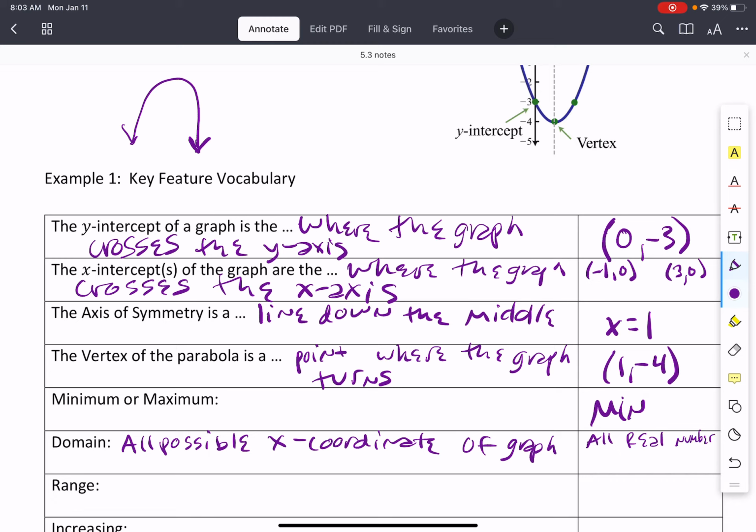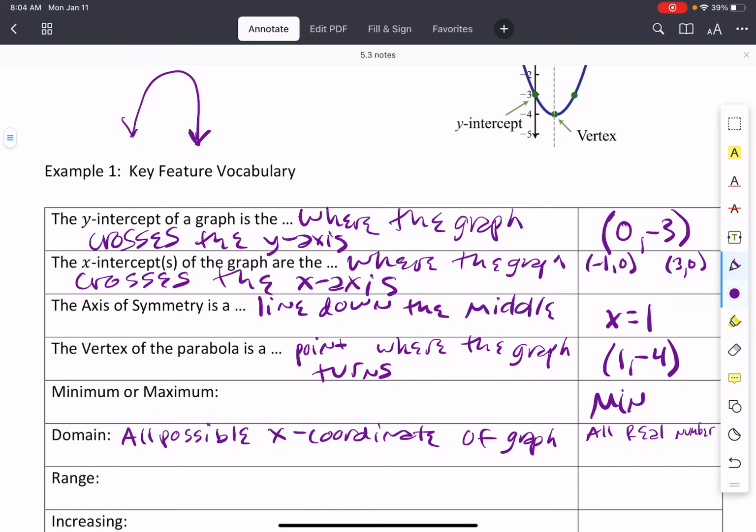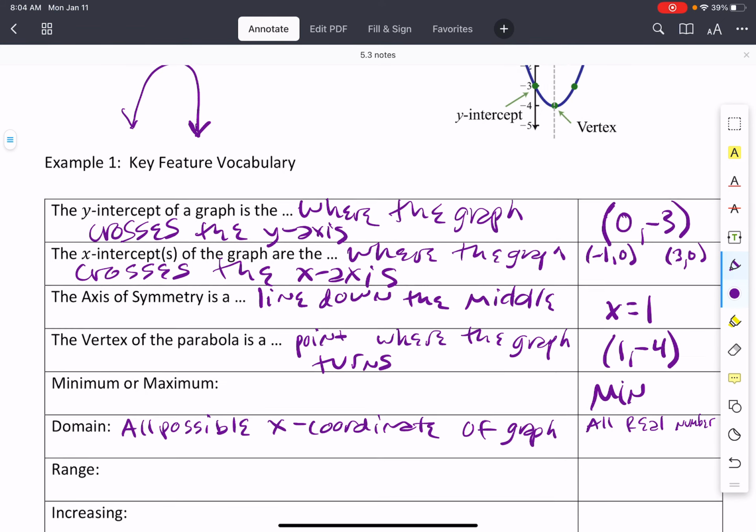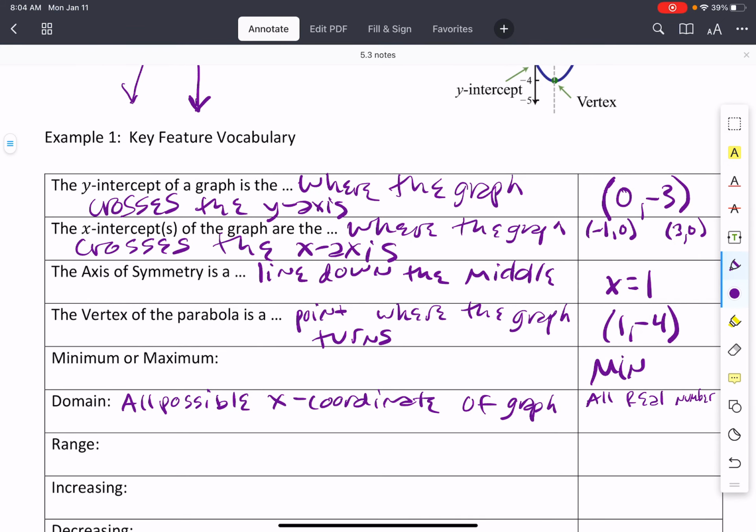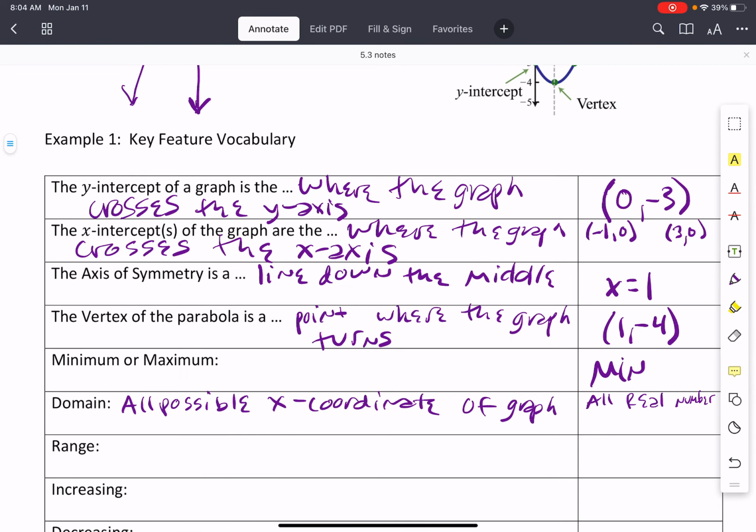Remember those shortcuts that we did, right? Anybody remember the shortcut for real numbers? No, it's just an R. Remember we learned like natural was N, whole was W, real was R.